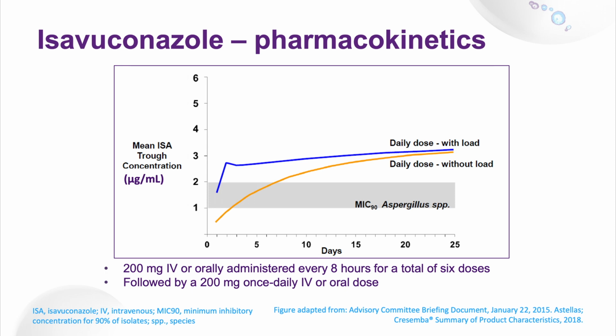You can predict the MIC level from the dose of fluconazole, and it has a predictable AUC, or area under the curve, depending on the dosage. So it has very ideal pharmacokinetic parameters, and isavuconazole is also comparable. It has linear pharmacokinetics, and you expect the exposures of isavuconazole just like fluconazole.